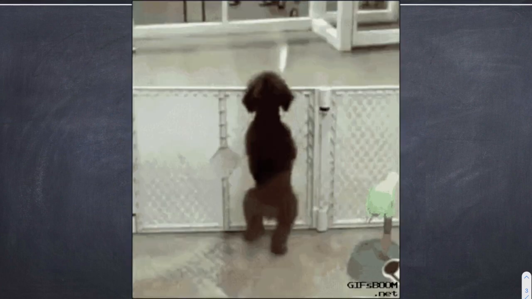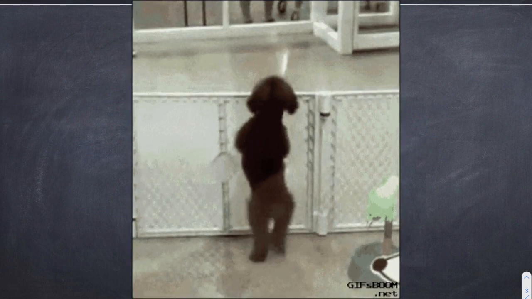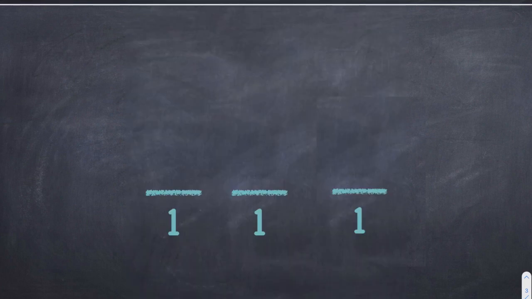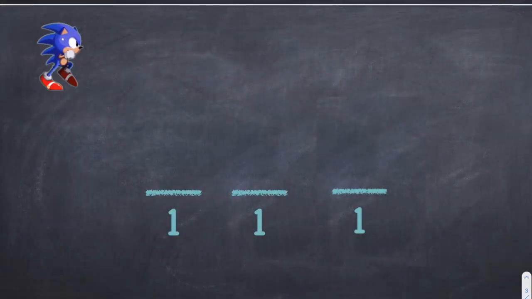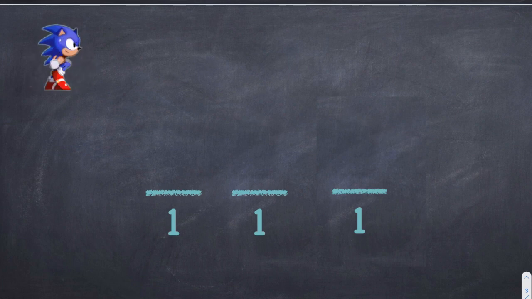All right. Our next word is going to be the word fun. 3 sounds. Go ahead. All right, let's break it apart. Letter F, U, N. Fun. Our next word, run. Run. 3 sounds.